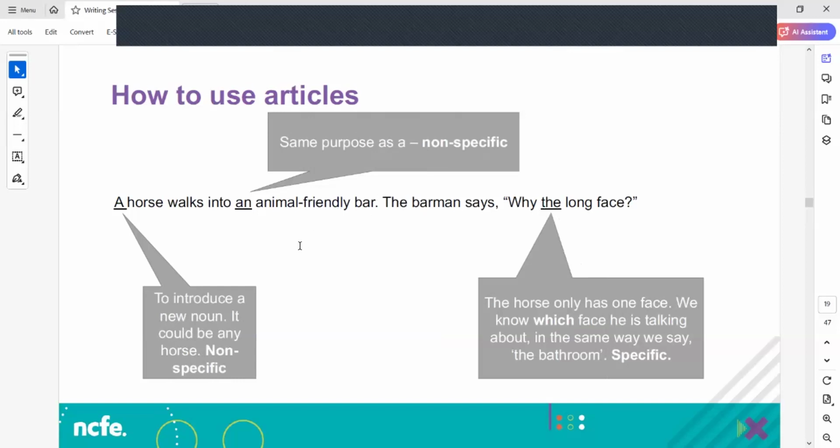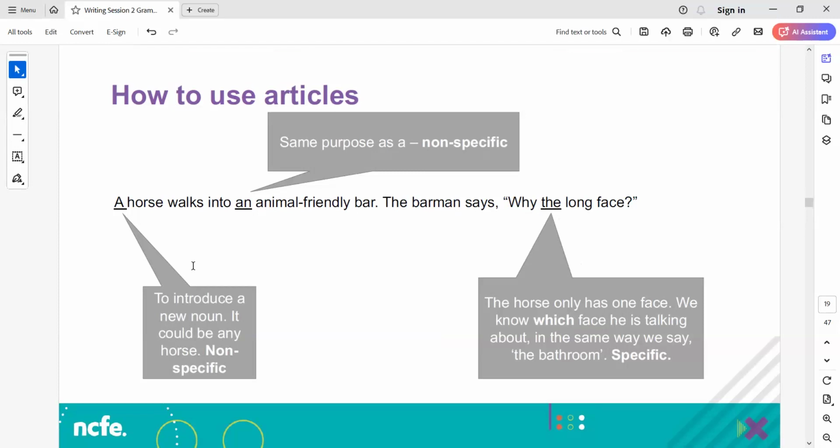So the same sentence, the a is introducing a new noun. So it could be any horse. It's not specific. So this sentence is a joke, and it doesn't matter. It's non-specific. The writer of this joke just wants people to imagine a horse. It doesn't really matter what horse it is.